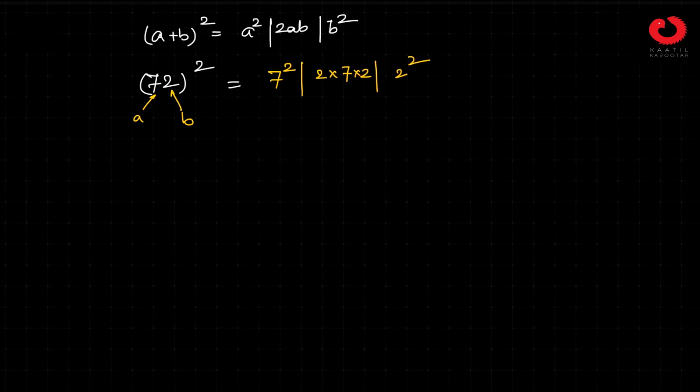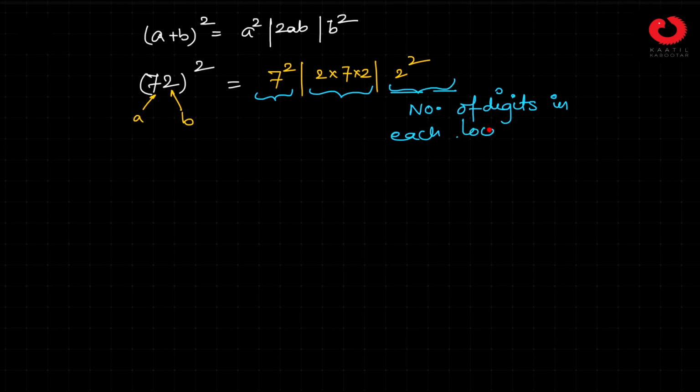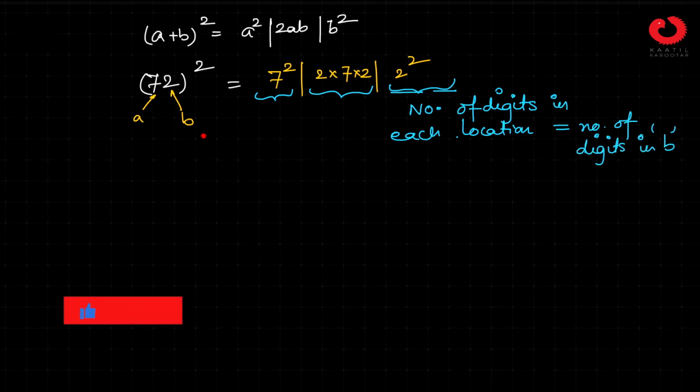Now one small care you have to take is that the number of digits in each location, this is one location, this is another, and this is the third, should be equal to the number of digits in b. The number of digits in b right now is only 1, so you have to write only one digit.